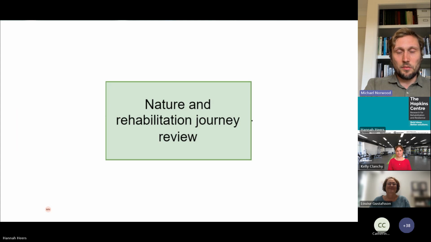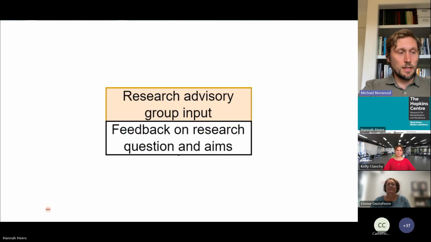Okay, so like I said, three main projects have come from those workshops. The feedback that we received during the workshop led us to look at the literature, so we decided to complete a mapping review, where we'd look at nature at various distances and its impact on each journey of rehabilitation. We created some research questions and then started that process.